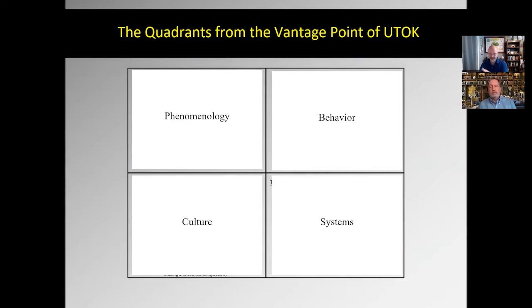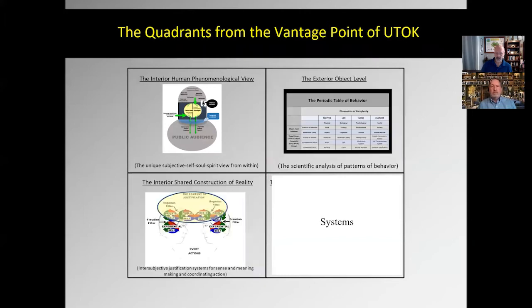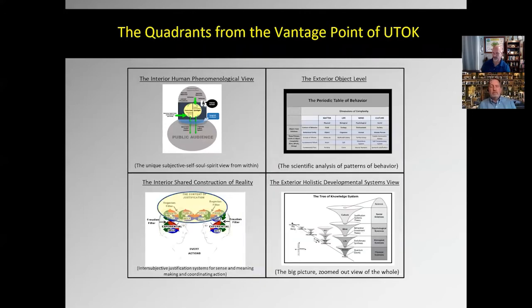There's behavior, what am I doing, and then what are the large scale systems that we are embedded in that are contextualizing that behavior. And UTOK offers particular kinds of frames of reference in that. I'm not going to get into those, but basically, if you were enriching your identification matrix, this affords opportunities to do that.